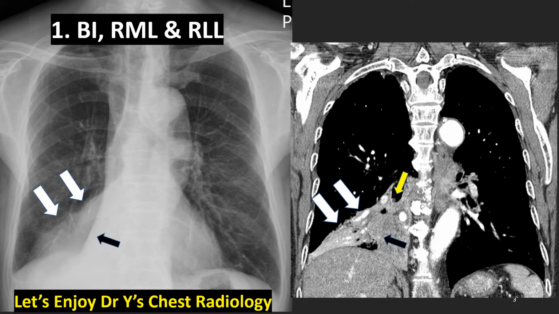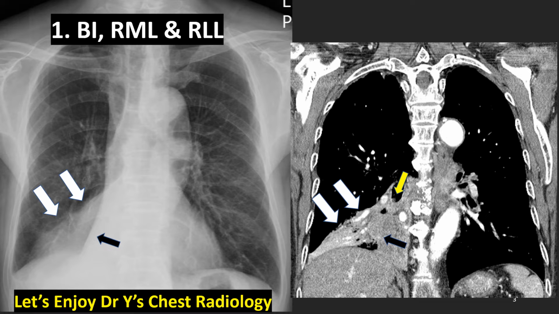Let's enjoy the side-by-side images of a frontal radiograph and coronal contrast enhanced CT. Double white arrows indicate the lateral upper margin of the right middle lobe, that is, the minor fissure, and the dark black single arrow indicates the lateral portion of the right lower lobe, that is, the right major oblique fissure.